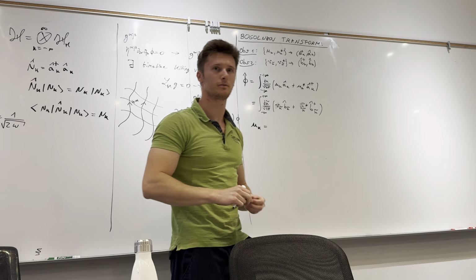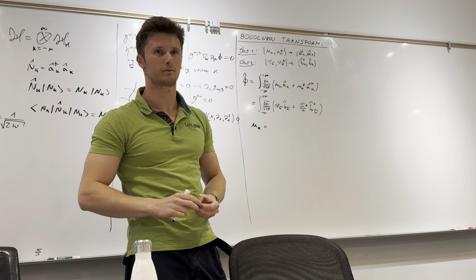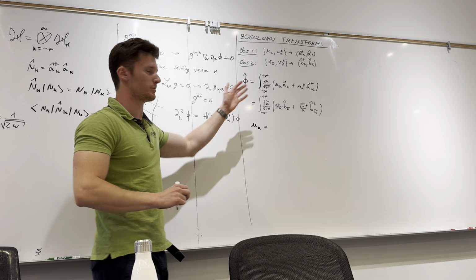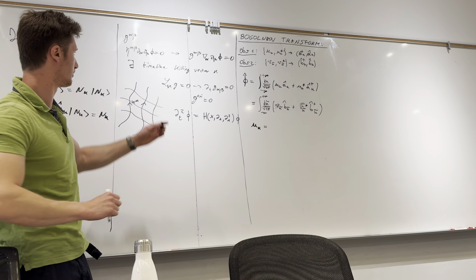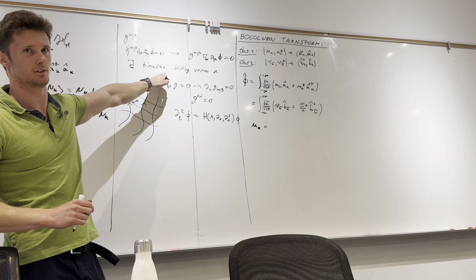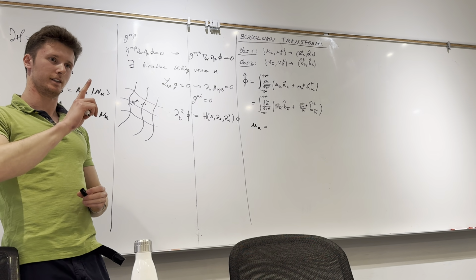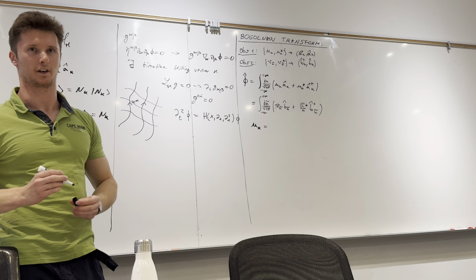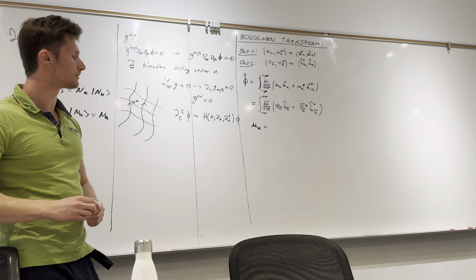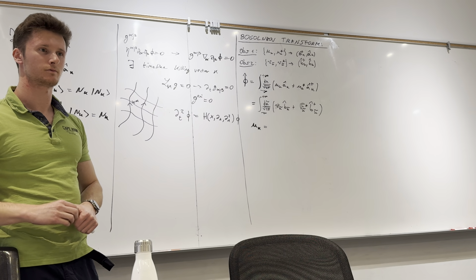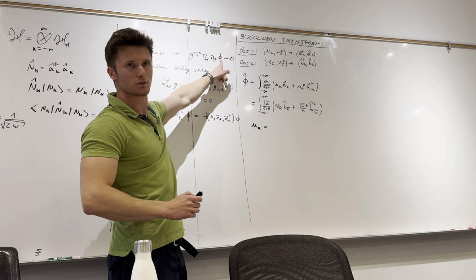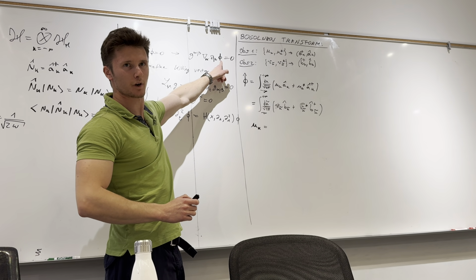Sir, are you dealing with flat spacetime or with general spacetime? This description could also be in general spacetime, with the only caveat of having a time-like Killing vector field, like the d by dt of our coordinates. Okay, but in general spacetime, the Klein-Gordon equation is no longer a linear equation anymore. Well, it's always linear in phi though. This is what I mean.